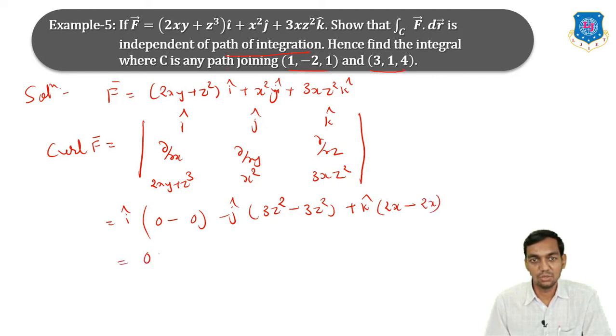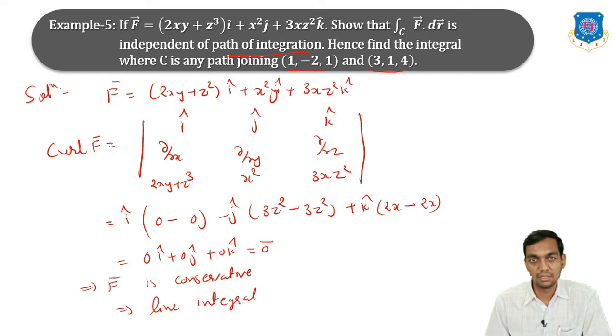So you will have 0i plus 0j plus 0k, and therefore f bar is conservative, and therefore the line integral is independent of path. Done?